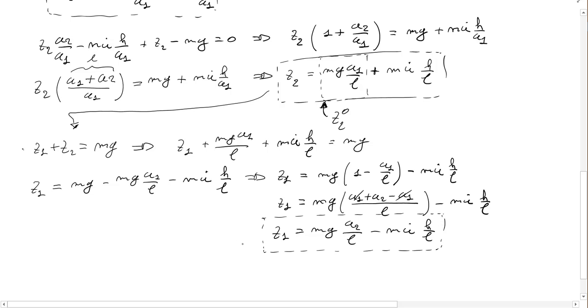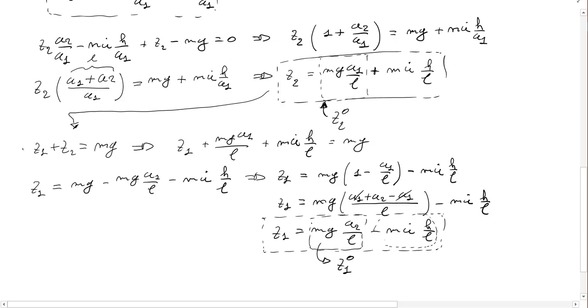Of course, this will be for the front axle of the car, and this one will be for the rear axis of the car. Okay, what we saw here will be exactly the same that we did before. So here we have Z1 0, the static load, and we have another term.